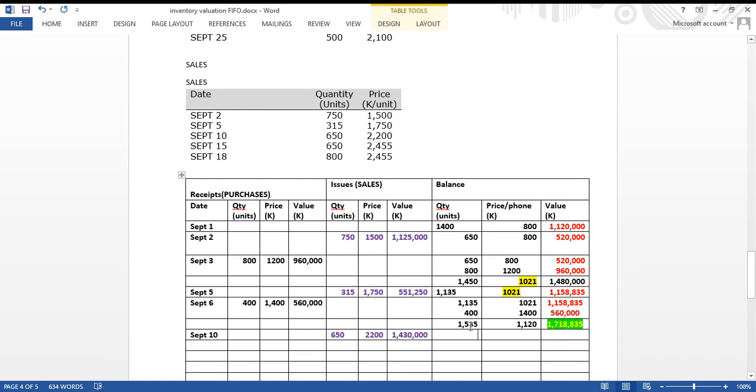So we sold 650 units, we subtract from 1,535. 1,535 minus 650, we remain with 885 units going at 1,120.